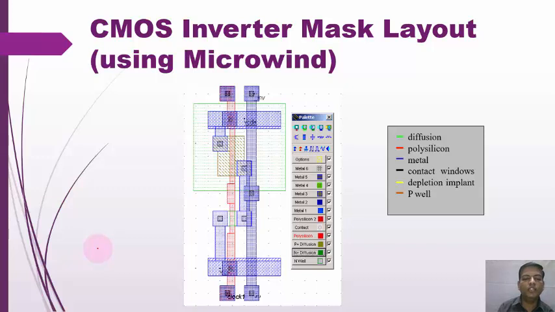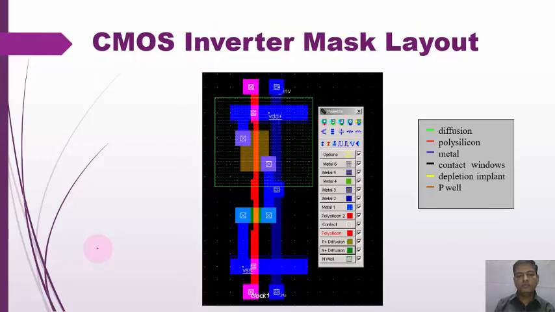CMOS inverter mask layout by using Microwind. How does it look in Microwind? If you copy that particular diagram and paste it, then you get the CMOS inverter mask layout actual structure. Look at it in this manner.